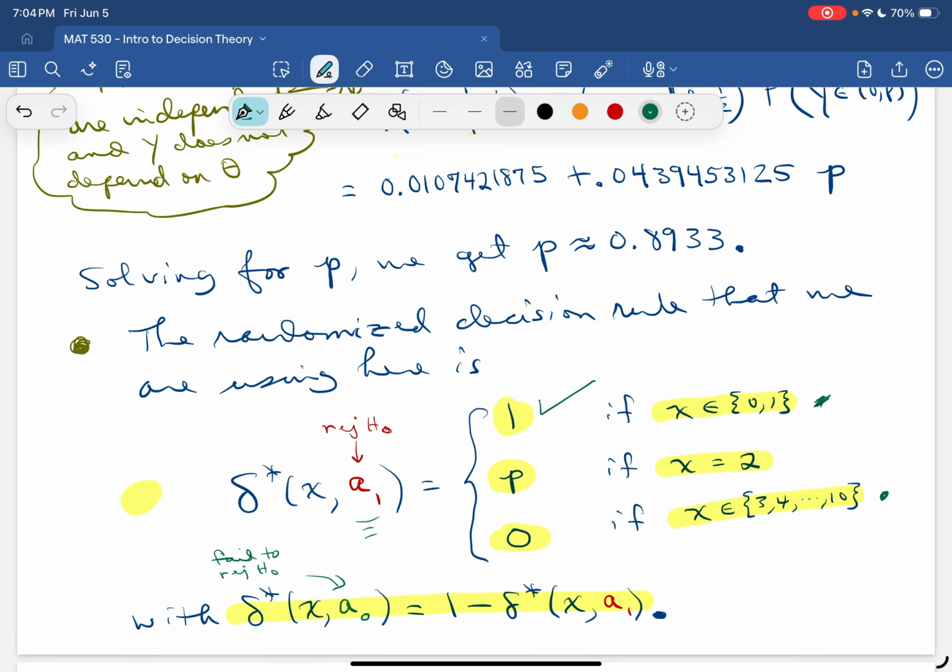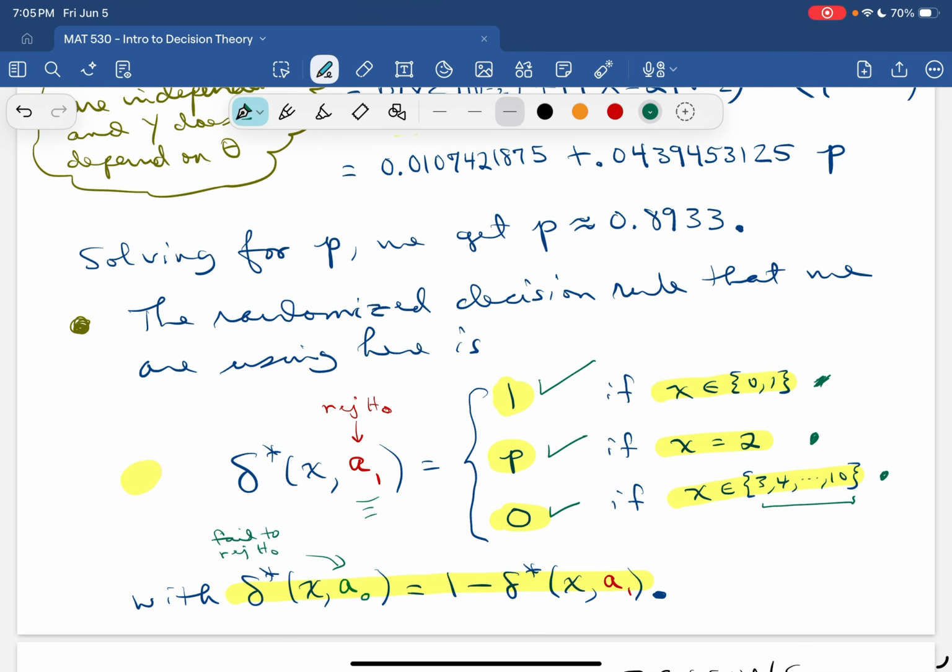On the other hand, if we observe something 3 or bigger, then we're going to reject H naught with probability 0, which means we are not going to reject. Whereas the interesting case is when x is 2, and in that case we will reject H naught with probability p, and then fail to reject with probability 1 minus p.